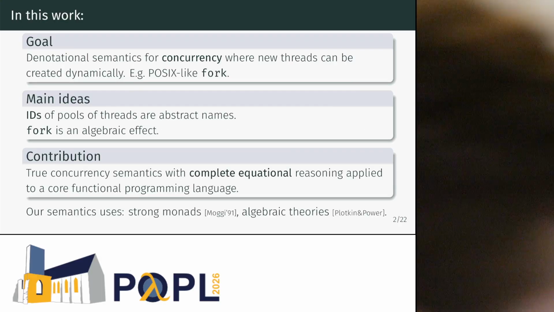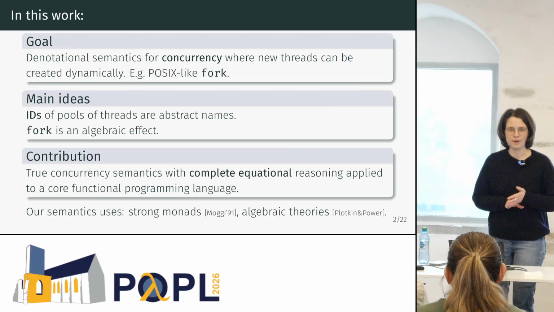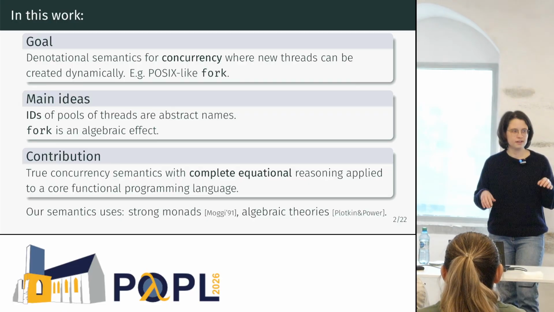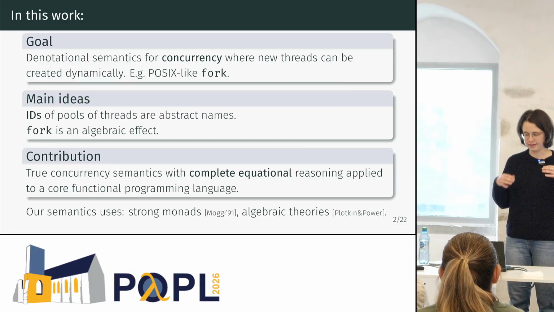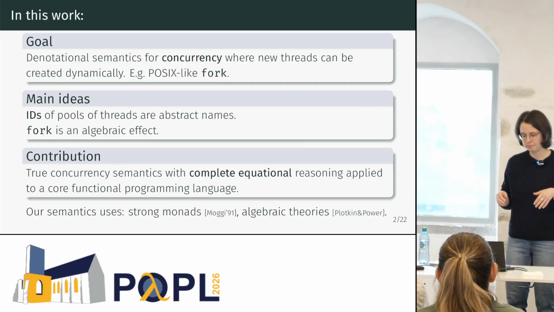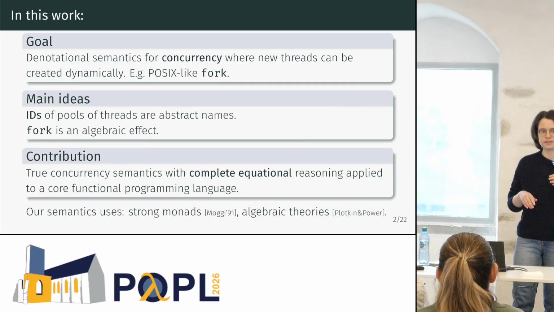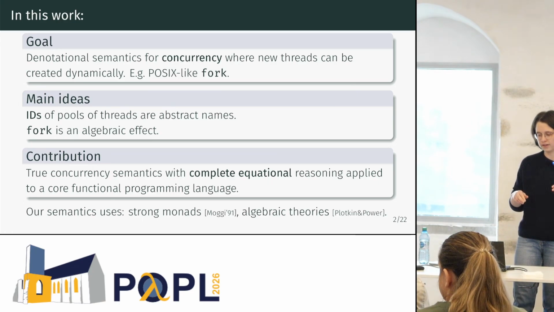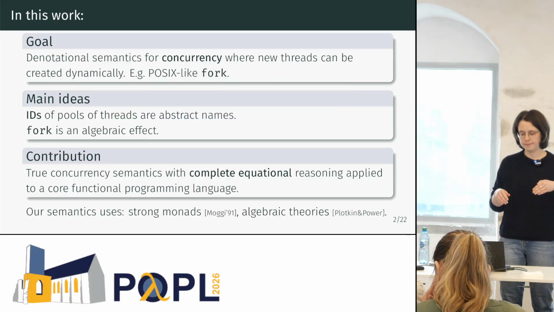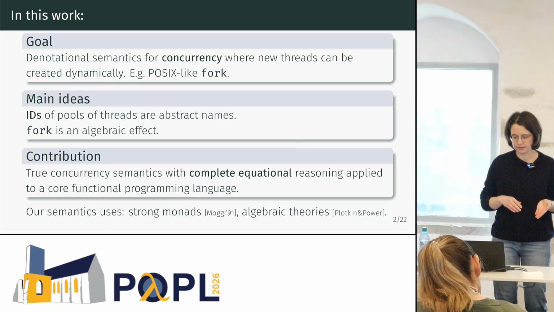Thank you. So this talk is going to be about denotational semantics for a form of concurrency where new threads can be created dynamically. The main ingredients that we use to make this work are abstract names to talk about pools of threads, and we also treat fork as an algebraic effect.